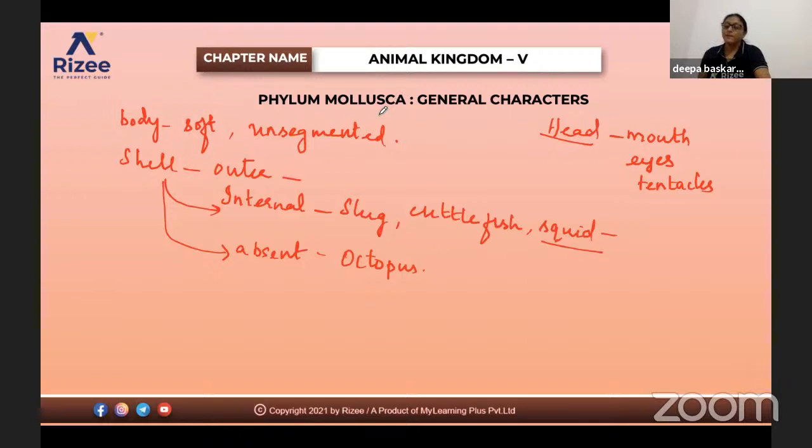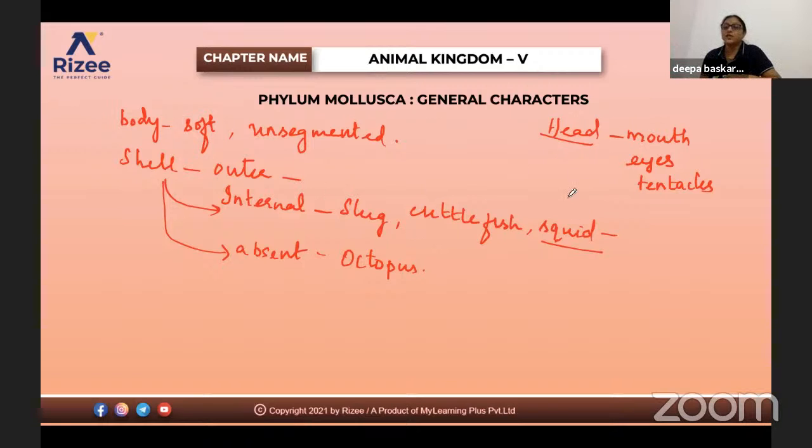And again, the ventral body wall is modified into a muscular foot. What do you mean by ventral body? If you imagine a snail, the bottom portion is the ventral side, and the top portion is dorsal. In the bottom portion, legs will be present.